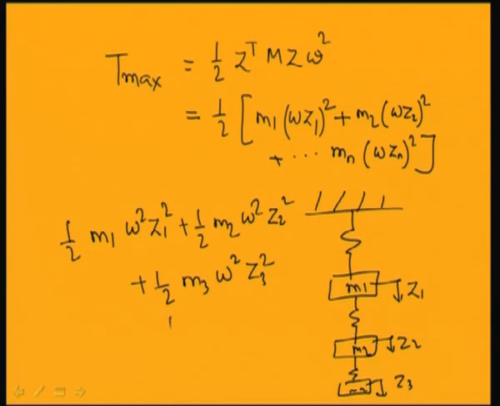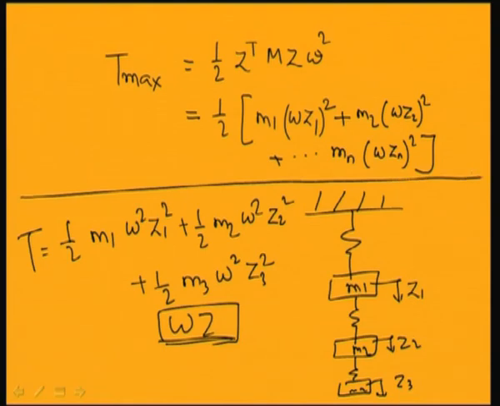So, omega z is the velocity, and so for the first mass the velocity is omega z1, for the second mass it is omega z2, and for the third mass it is omega z3. So, the kinetic energy becomes half m1 omega square z1 square plus half m2 omega square z2 square plus half m3 omega square z3 square. Similarly, for an n-mass system you can write the kinetic energy in this form.